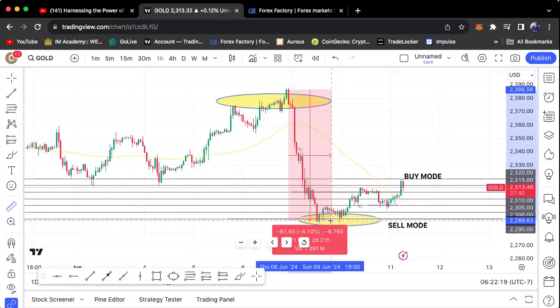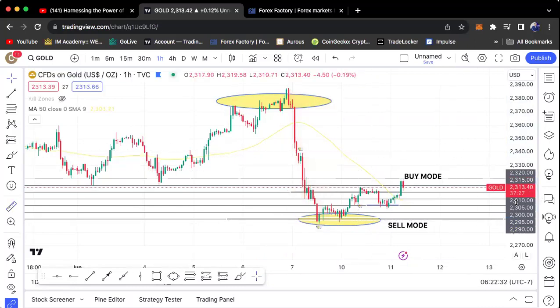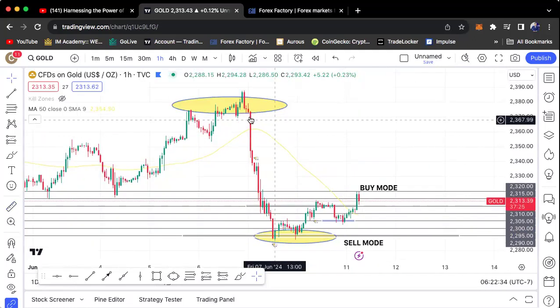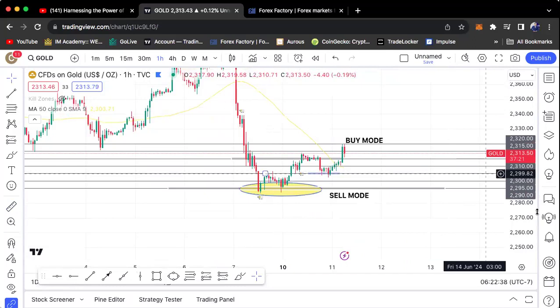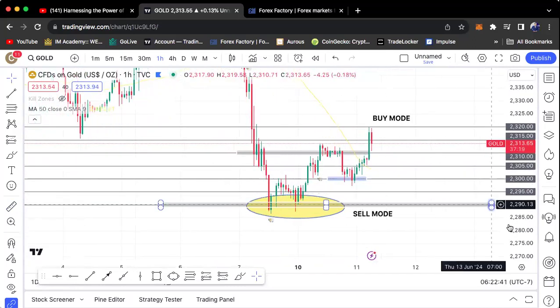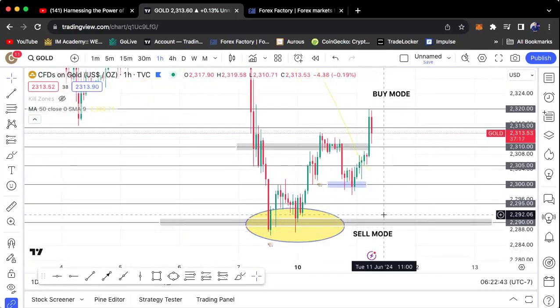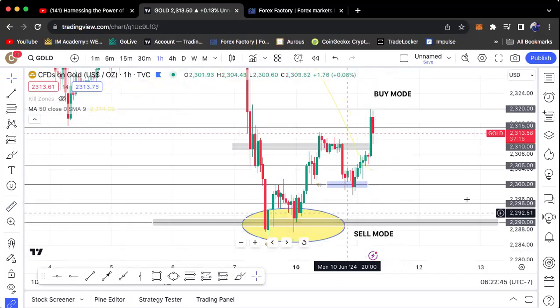Not 1,000. Over 100 pips. No, it's not 100. I'm sorry, guys. It's over 970 pips. 970 pips. Okay. Price dropped over 970 pips to the downside, and then it hit the support zone. Okay, at 290, around 290.